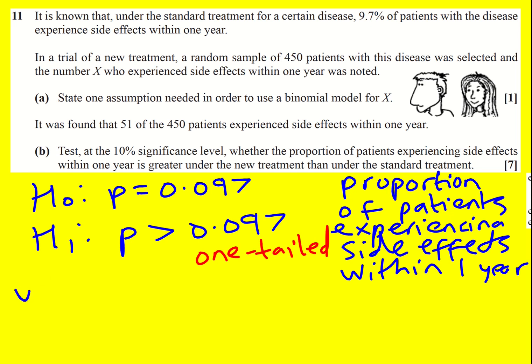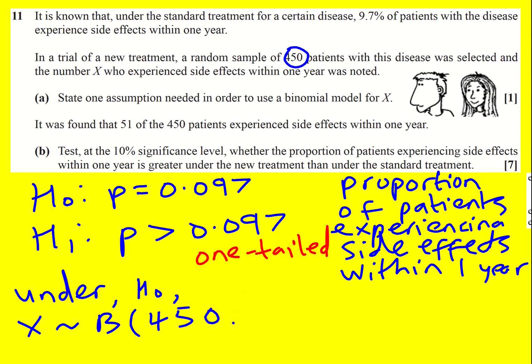We then need to say what the binomial model is under H0. Under H0, X will follow a binomial distribution, assuming all the assumptions we've made are valid. And we've got 450 patients we're looking at, so we've got 450 trials essentially. And then we're assuming that 9.7% of them will have side effects.